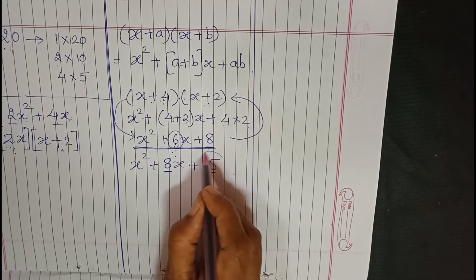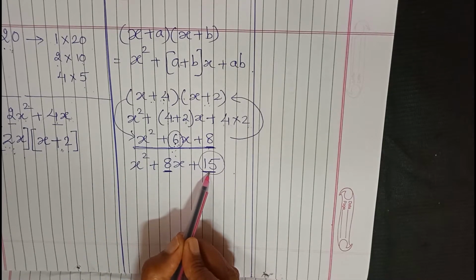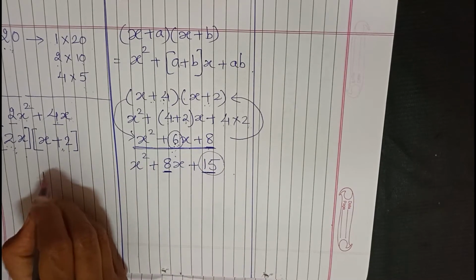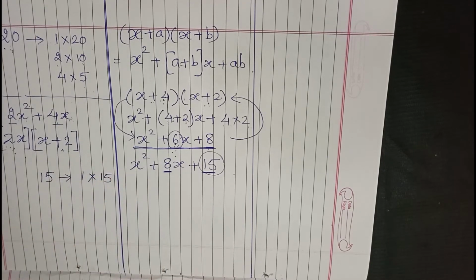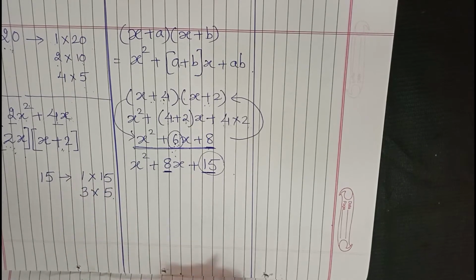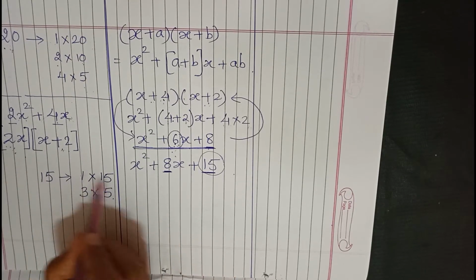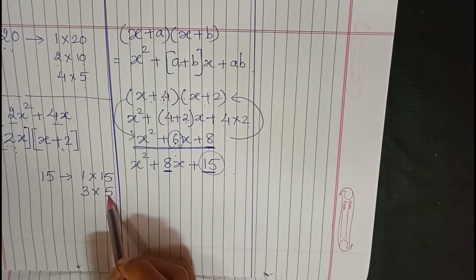In other words, let us first find out which two numbers when multiplied will give us 15. So let us say 15 when I split, I have 1 into 15 is 15 or I have 3 into 5 is also 15. So now you can see I got the two pairs of factors of 15. Now out of these two, which one should I use? How do you decide that?